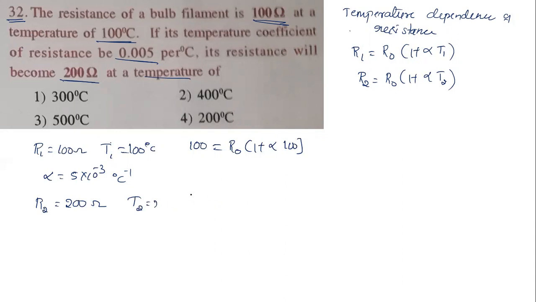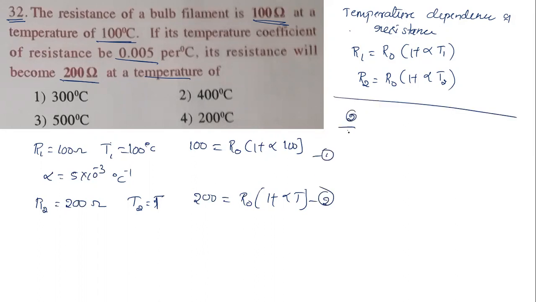Now for T2, if I write the equation, it will become what now? 200 is equal to R0 times of 1 plus alpha into T. So for T2 I'll take just T, alpha into T. Let's say equation number 1 and equation number 2. Now equation number 2 by equation number 1.